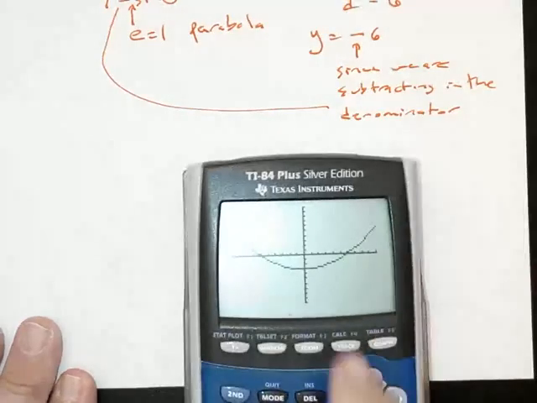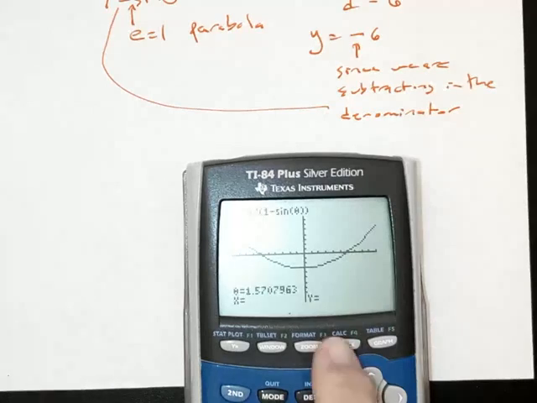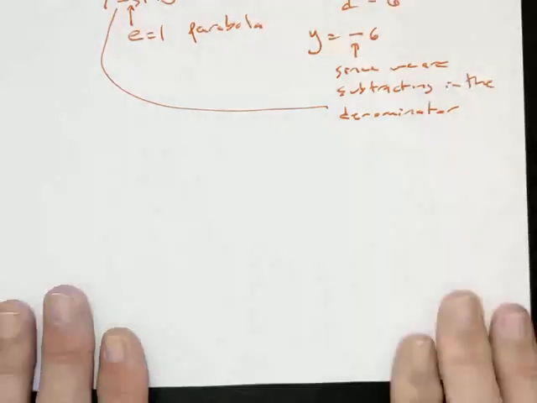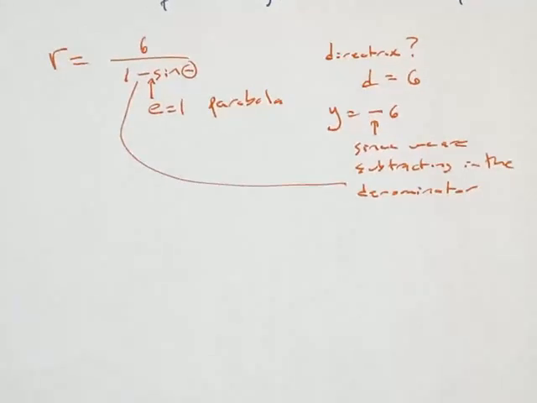And we can actually see that here. If we put in pi over 2, y is blank, it knows it's undefined. Questions?